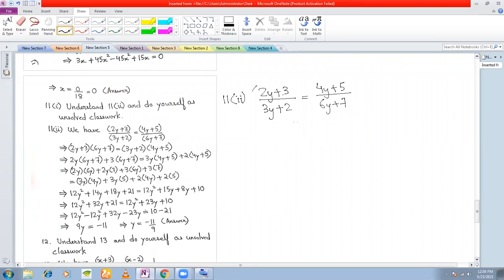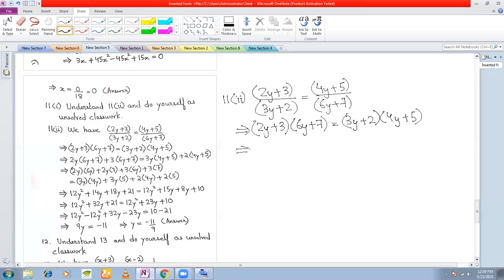Insert brackets. If brackets are not given, insert brackets. Now you cross multiply. You get 2y plus 3 into 6y plus 7 is equal to 3y plus 2 into 4y plus 5.